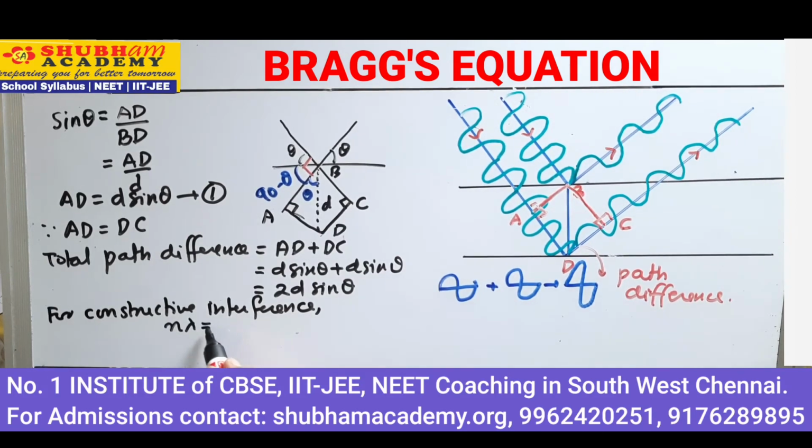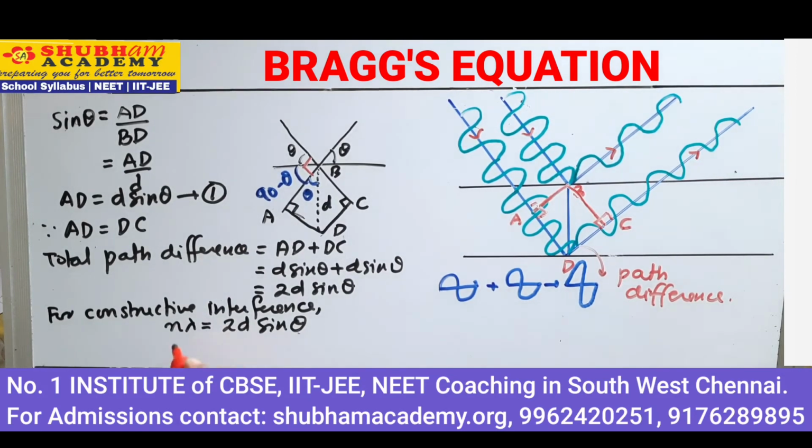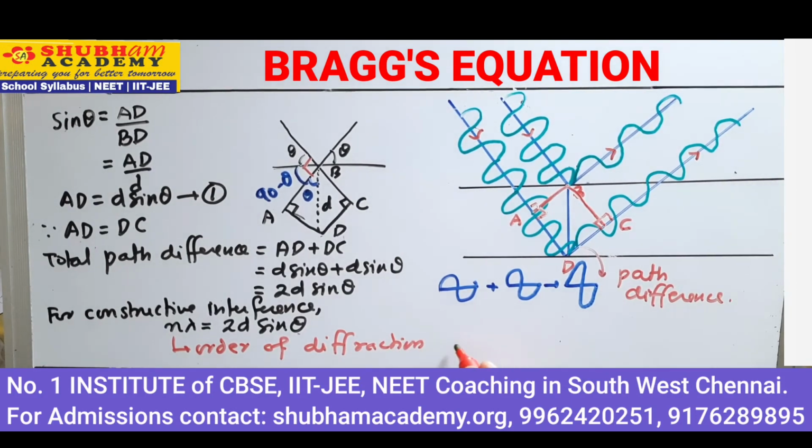It should be equal to 2d sin theta. Here n is called the order of diffraction. Its value will generally be between 1 to 3, okay?